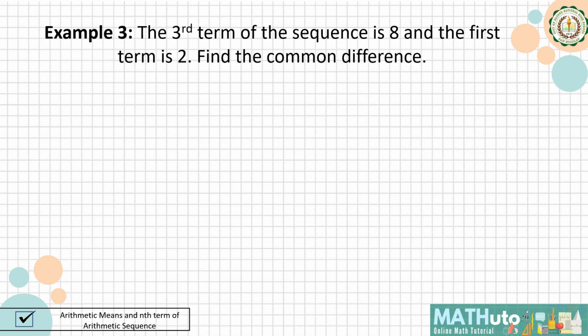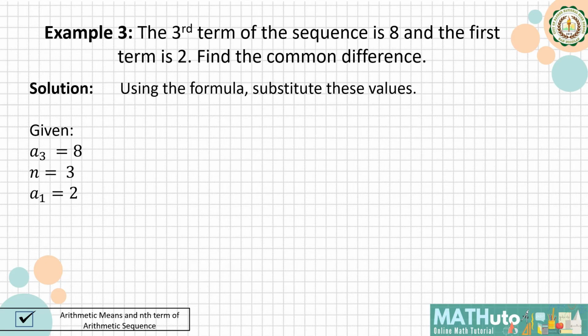Example number 3. The third term of the sequence is 8 and the first term is 2. Find the common difference. Given, a sub 3 or the third term is 8. n is equal to 3, which is the third term. And a sub 1 or the first term is equal to 2. We have to find the common difference.